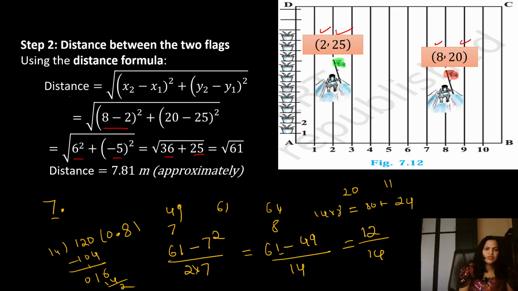So already I put the decimal point, I put 0 here. 14 ones again 14. So it is recurring. 7.81, I write. That's why the distance is 7.81 approximately.